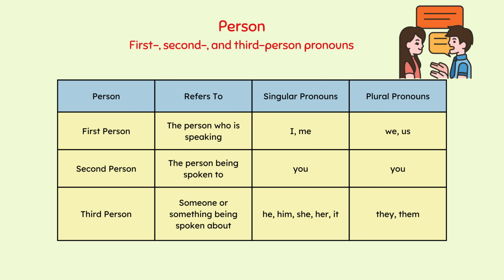Third person, this refers to the person being spoken about. For example, he, she, they. Each of these has a plural form too. I becomes we. He becomes they. You stays the same for both singular and plural. This idea of person helps us choose the right pronoun for the situation.